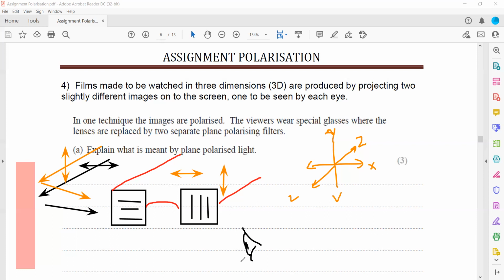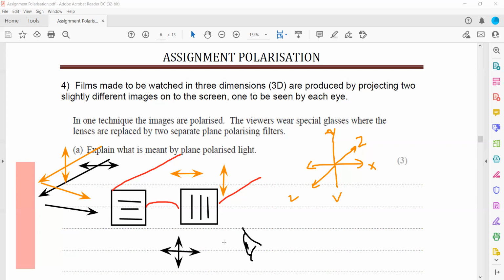He will see two images but not clear. Why is it not clear? Because the two images will directly enter his eye. There is a horizontal component and a vertical component, so the eye or the brain cannot process this type of image which has two components together.